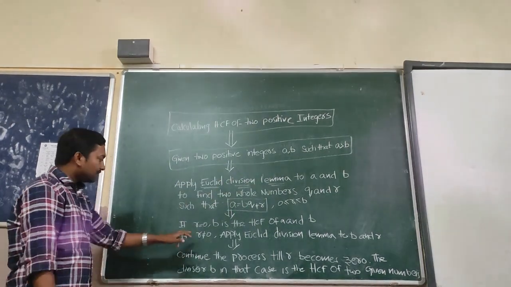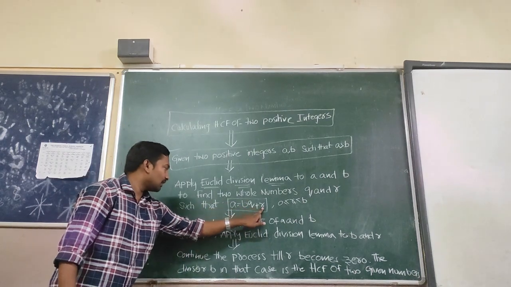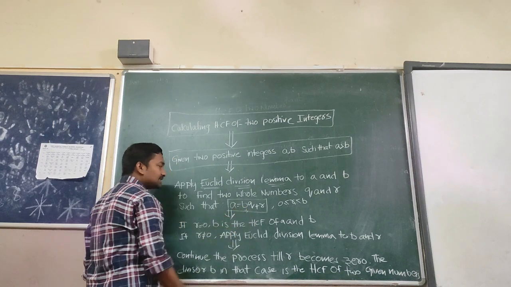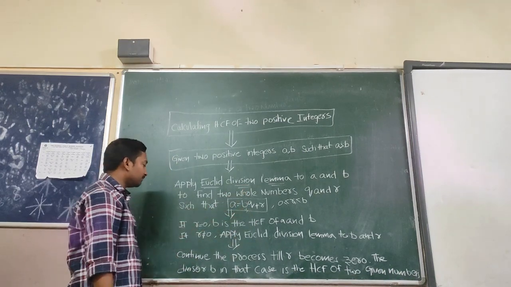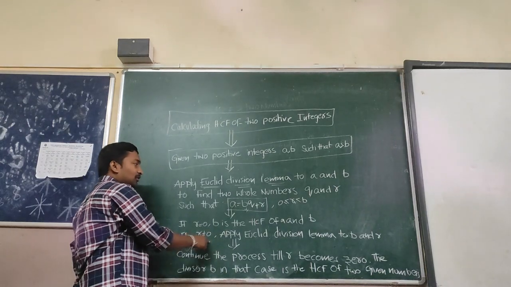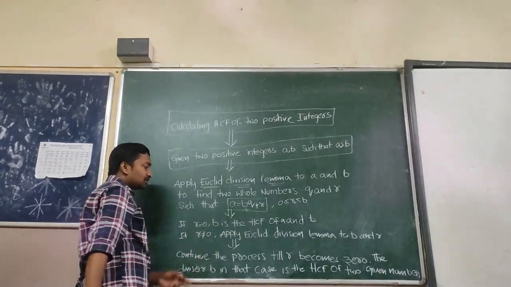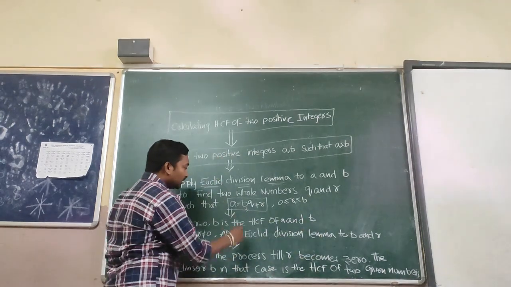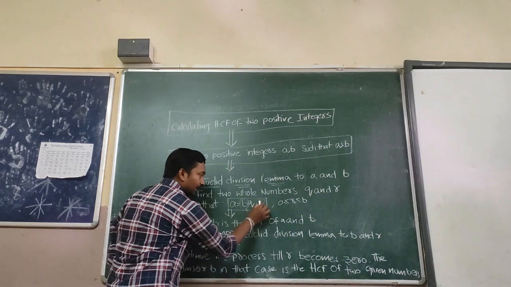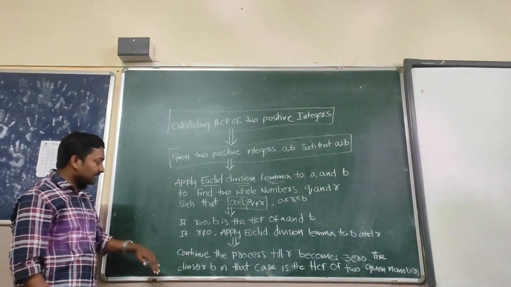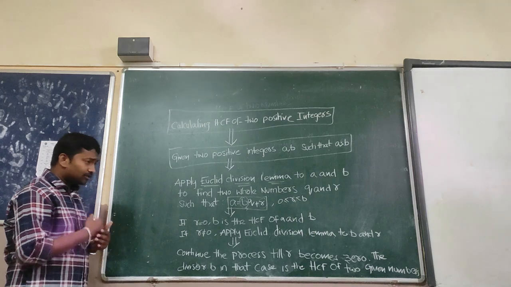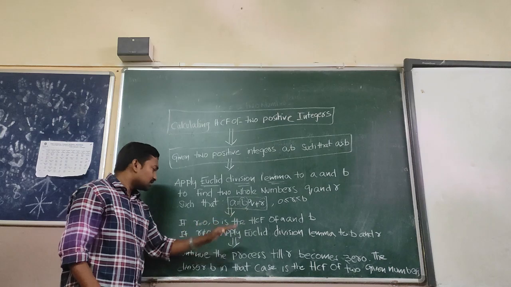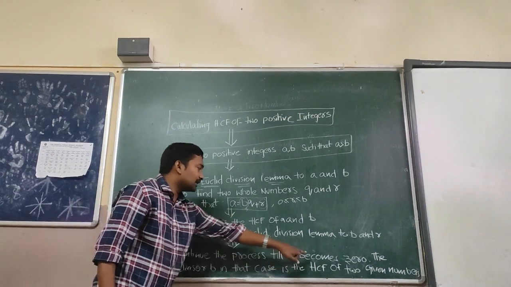Now, if R equals 0, then directly we can say the divisor B is called the HCF of A and B. If R is not equal to 0, apply Euclid division lemma to B and R, and continue the same process until R becomes 0.